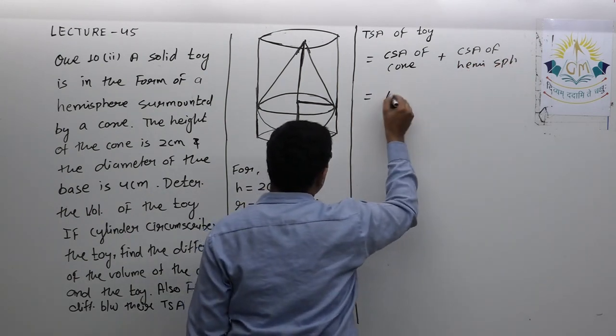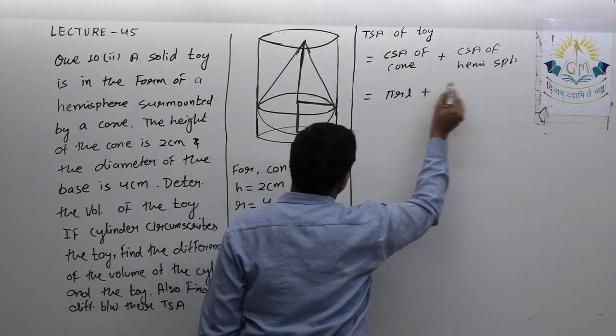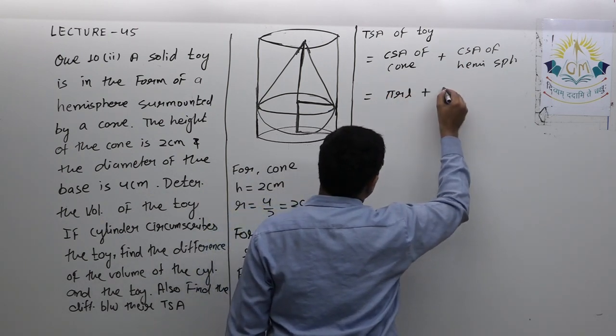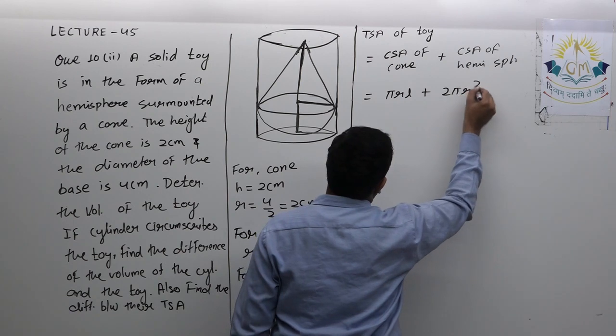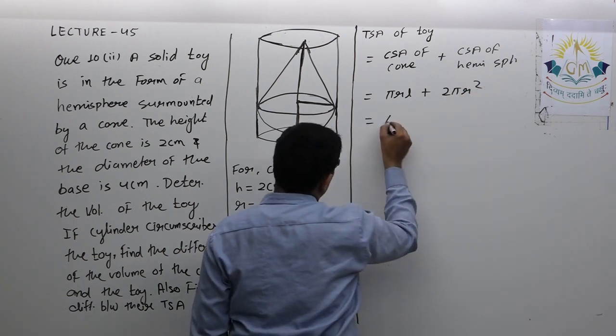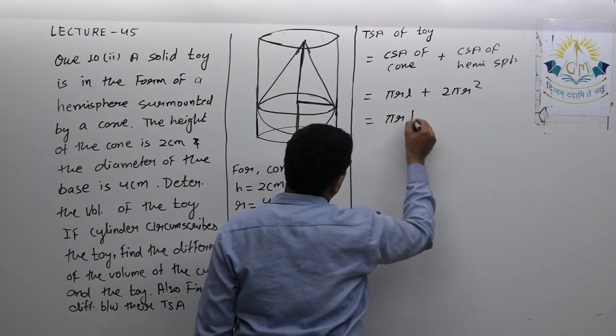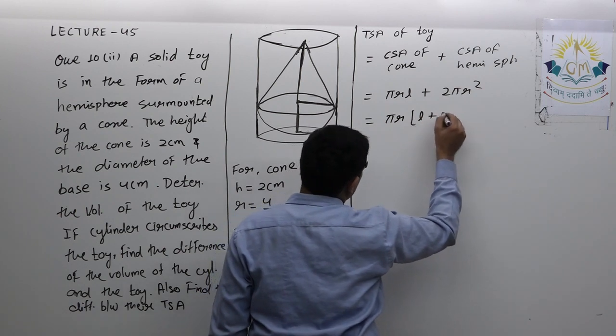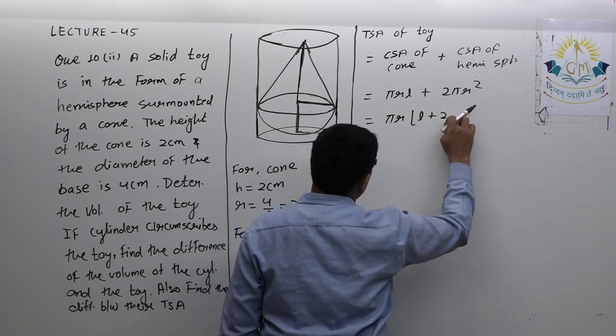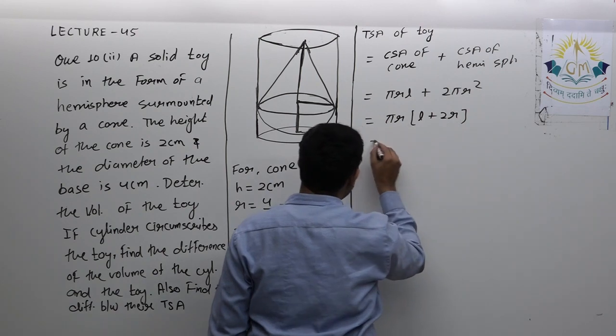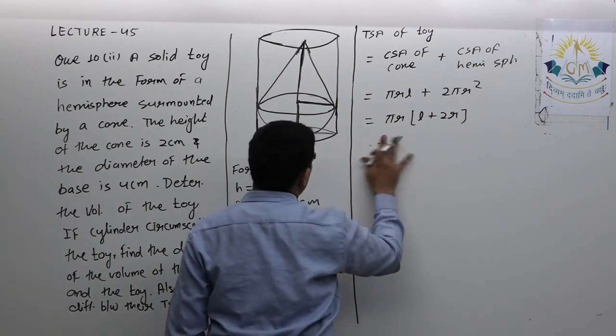CSA of cone is pi r L and CSA of hemisphere is 2 pi r square. So I am taking pi r common: pi r (L plus 2r). This is the TSA of toy.